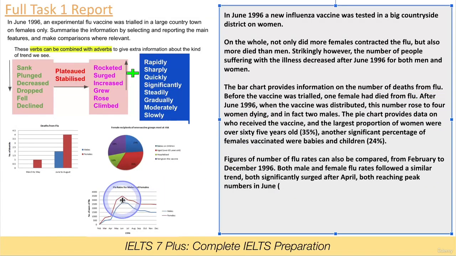So females were at 3,500 cases and males were, maybe 2,700, I would say, or 600. 3,500 cases for women and maybe 2,600 for men. Okay, brilliant.